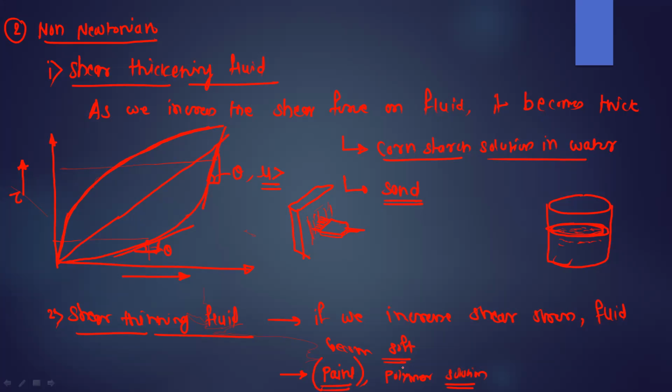Examples are paint and some polymer solutions. This is also called a pseudoplastic. And the shear thickening fluids are called dilatant.